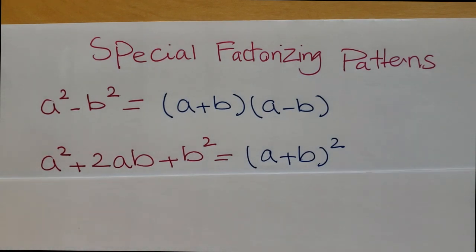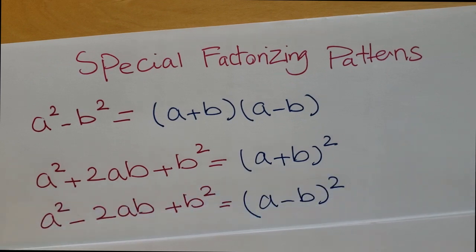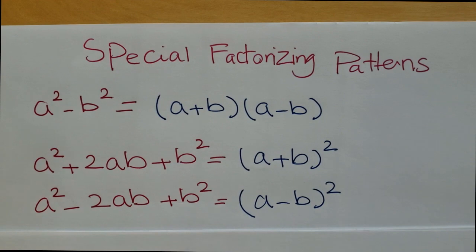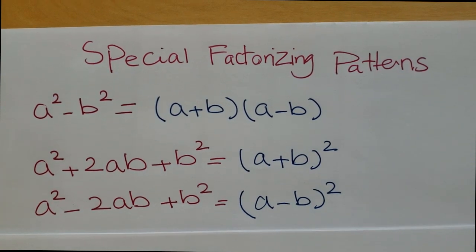The second one would be a perfect square trinomial as well, but the difference with the number 2 would be here: the middle term is positive. Here the middle term is negative, so the only difference would be the sign.